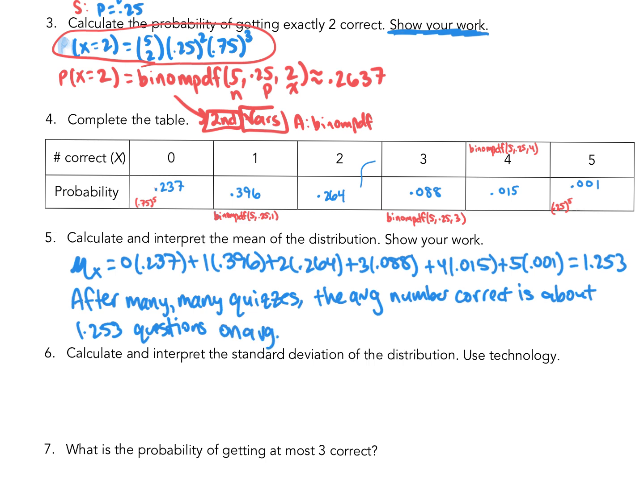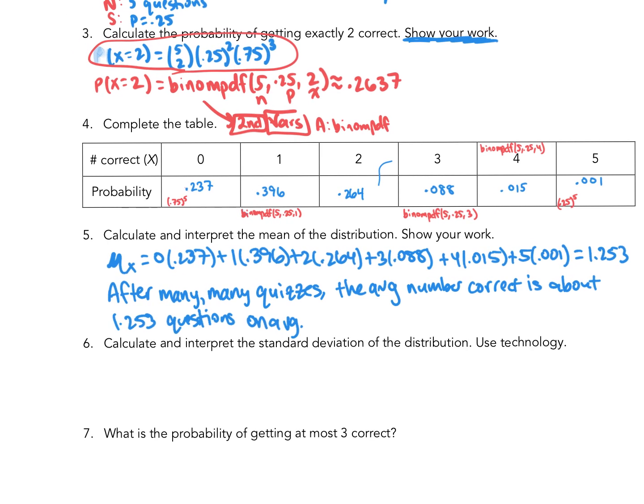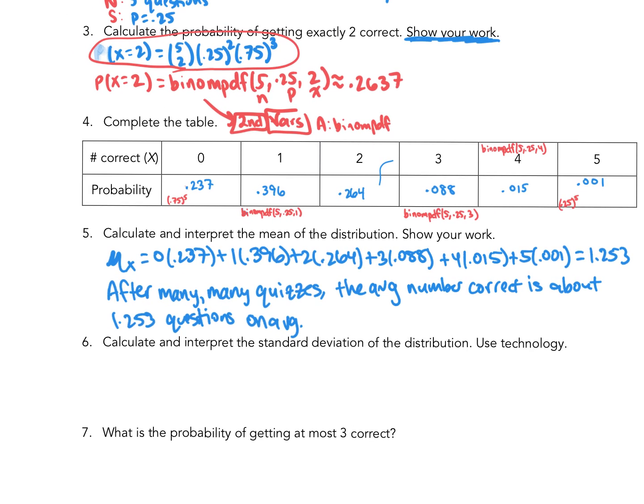Okay, so on your formula sheet, there is the mean and standard deviation for a binomial distribution. It looks like mu sub x is equal to n times p.